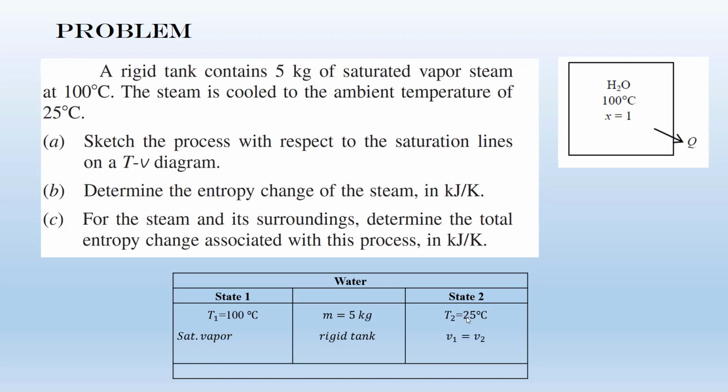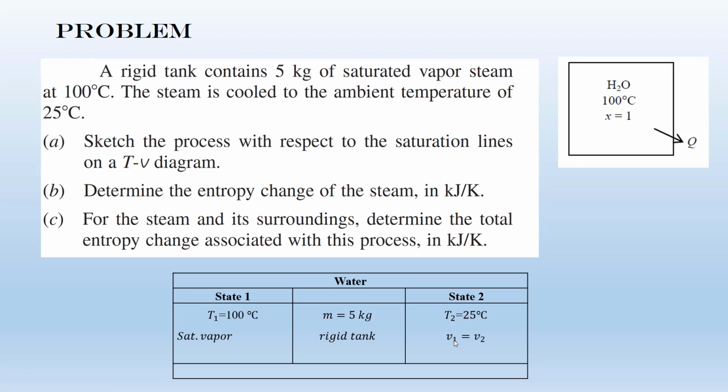So for the first part, you are asked to sketch the process with respect to the saturation line on a T-nu diagram. So if you want to plot the T-nu diagram, guys, you need to have the temperature for both these two states. You need to have the specific volume and also pressure. The temperatures are available. So you know that nu 1 equals nu 2. So you need to find nu 1.